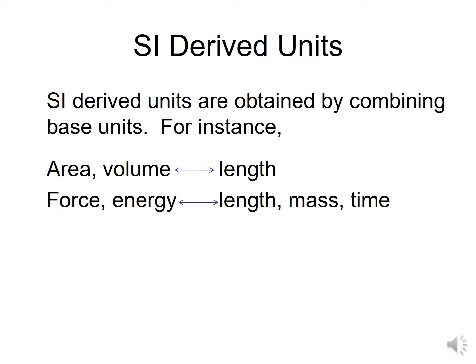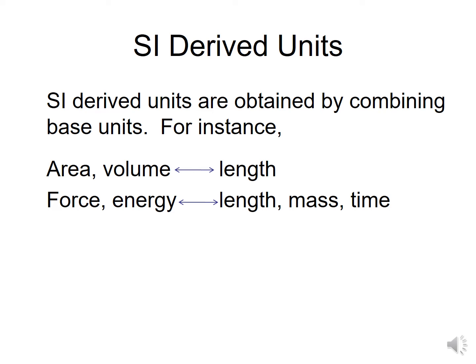For instance, if we want to describe a length that's perhaps 1,000,000 times larger than the base unit of length, the meter, or 1,000,000 times smaller, how do we do that? Well, we could use simple scientific notation, and if we mean 1,000,000 meters, we could write 1 times 10 to the 6th meters. Or if we mean 1,000,000th of a meter, we would write 1 times 10 to the minus 6 meters. And that's perfectly correct.